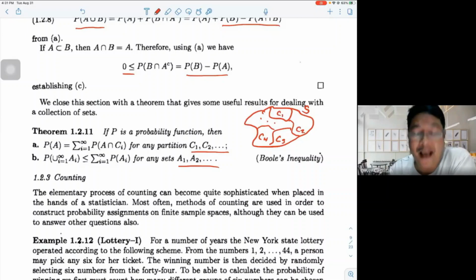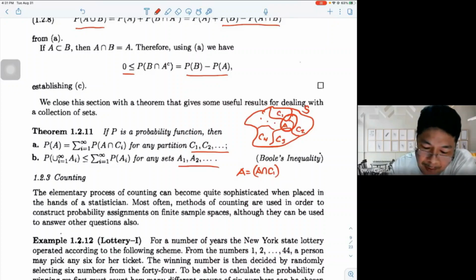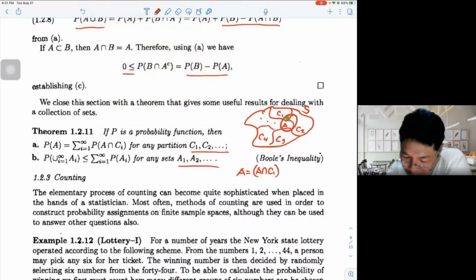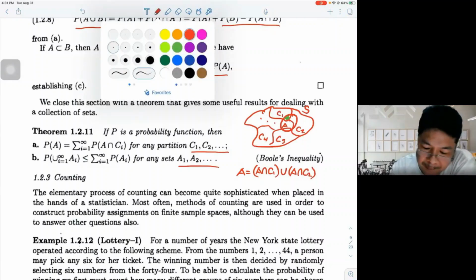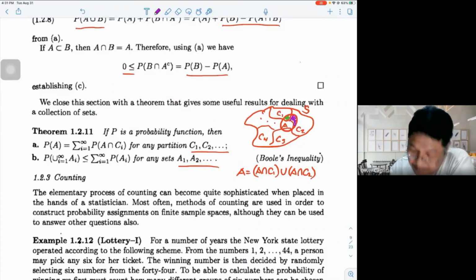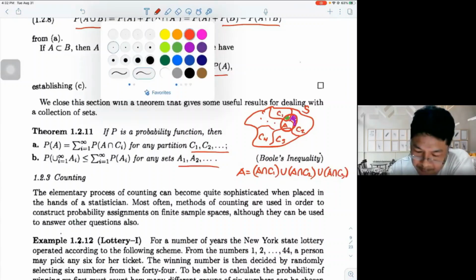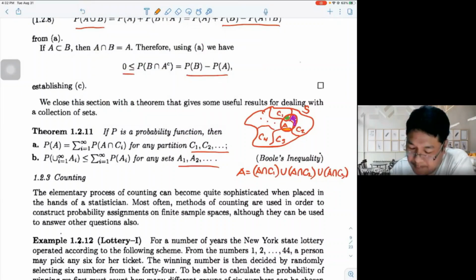So if we have event A here, say this is our event A. Clearly, we can take our A to be equal to A intersection C sub 1, this part here, union A intersection C sub 2, this one, and then the union of A intersection C sub 3, that part.